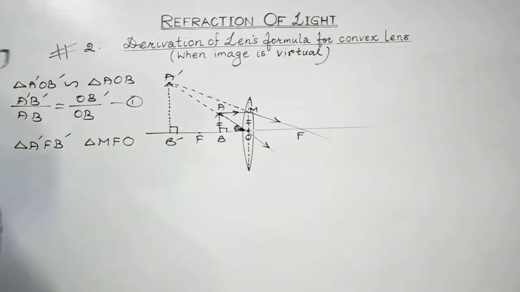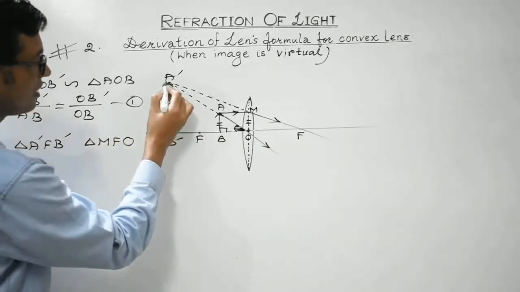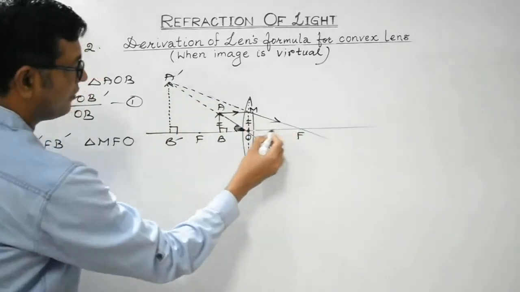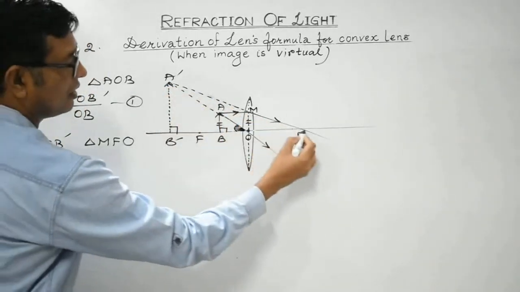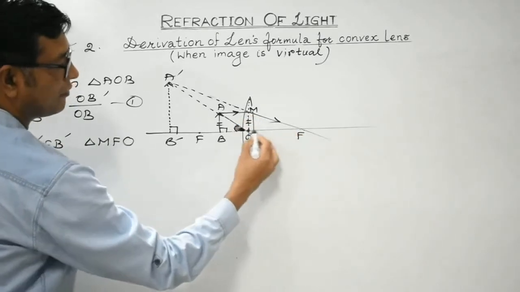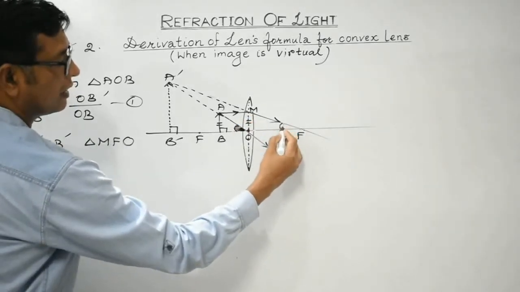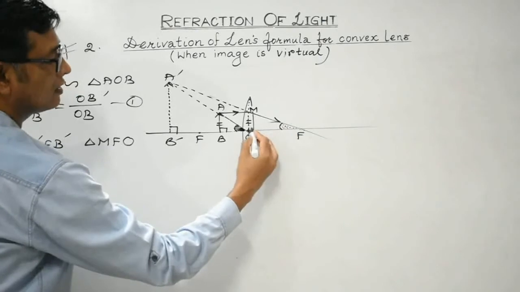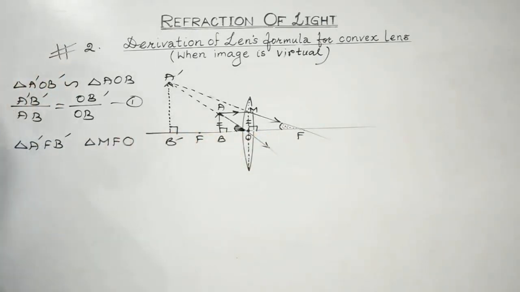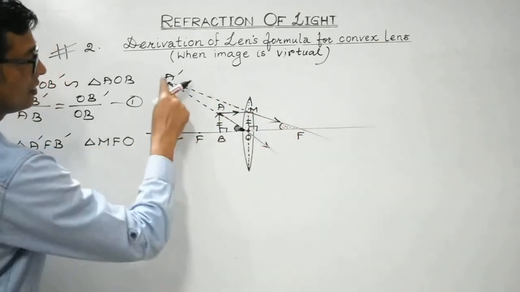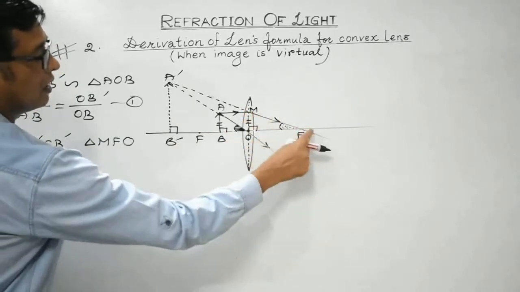Triangle MFO. Again, I am repeating. This angle is common to both the triangles, and this is 90 degrees, this is also 90 degrees. So these two triangles by AA corollary are similar.